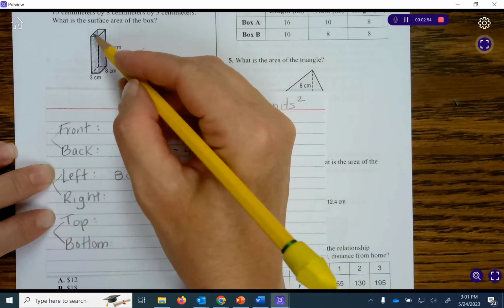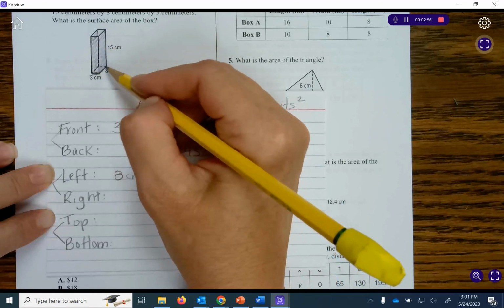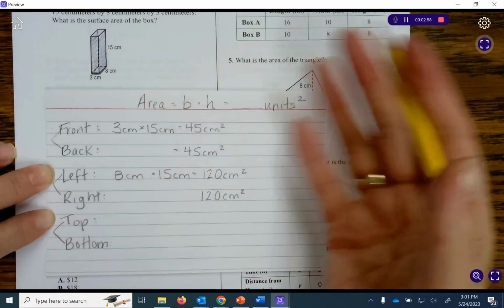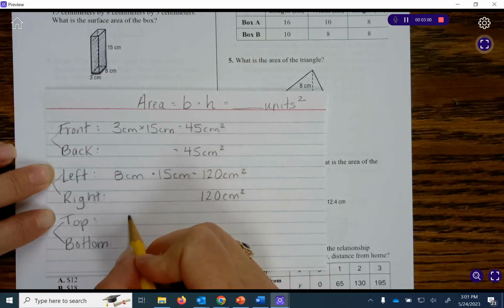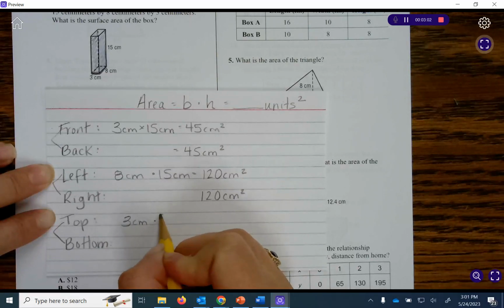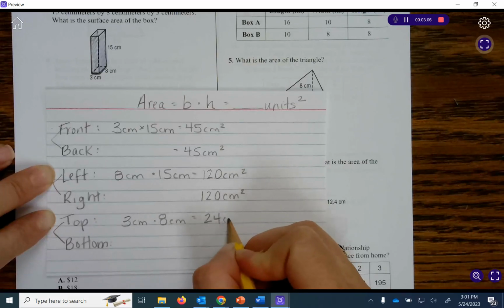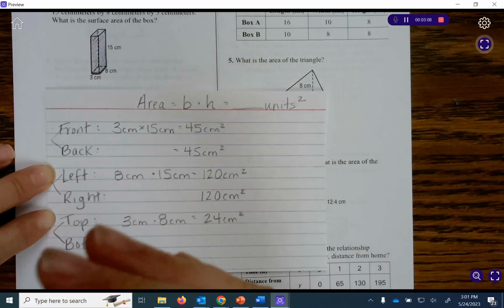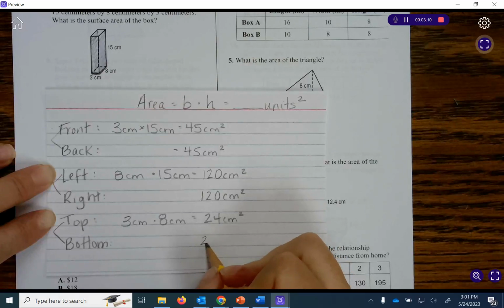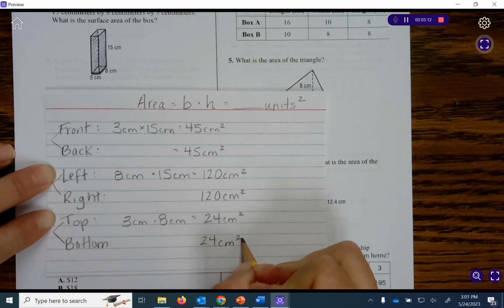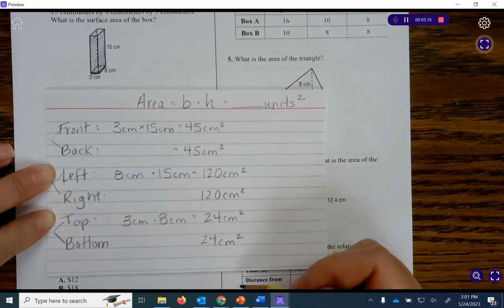The top and bottom are 3 centimeters by 8 centimeters. We're multiplying again. So we have 3 centimeters times 8 centimeters, and that equals 24 centimeters squared for each face, the top and the bottom. Now I need to add all of these up.